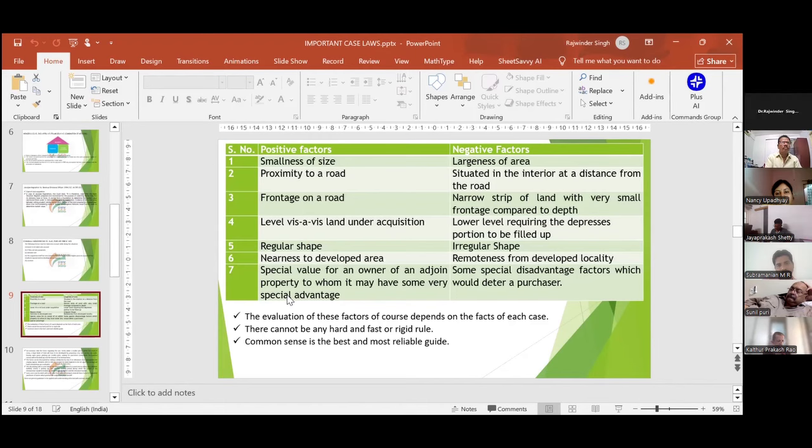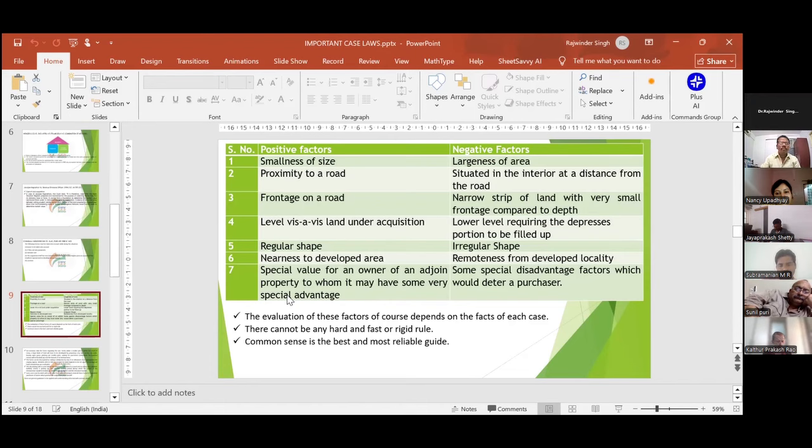Then frontage on road. If your subject property is having more frontage on the road, it will be considered as a positive factor. And if it is a narrow strip of land with very small frontage as compared to its depth, it will be considered as a negative factor. And there you may have to apply the belting method also. Then level versus land under acquisition.